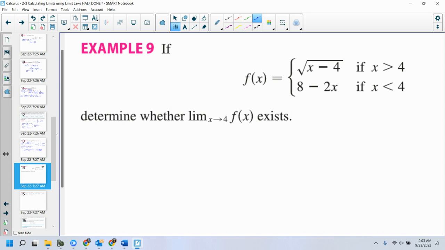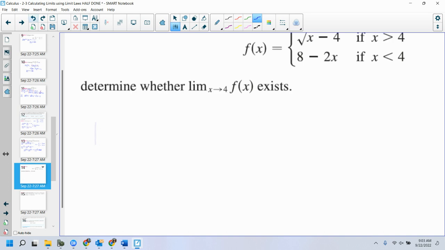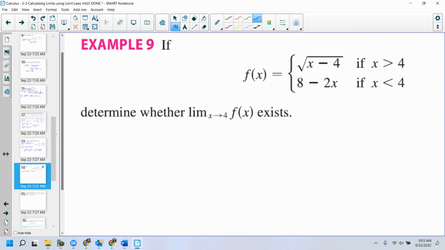So now, the limit, we have to calculate both left-hand and right-hand limits to determine if it exists. The limit as x goes to 4 negative from the left side. Well, of f of x, what's it going to act like to the left of 4? It's going to act like 8 minus 2x. Well, that's just linear, right?